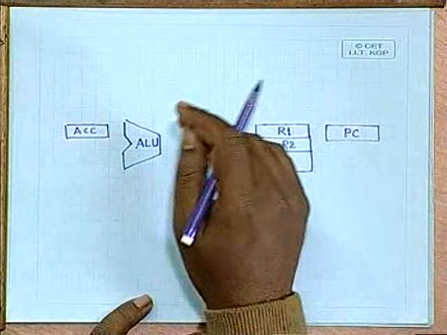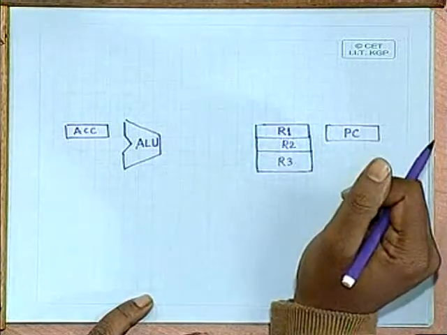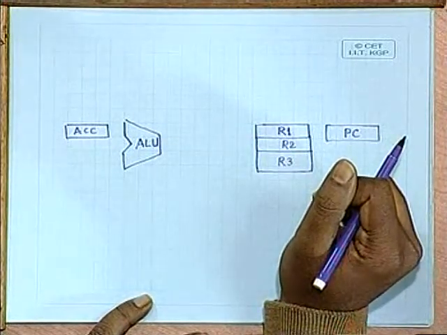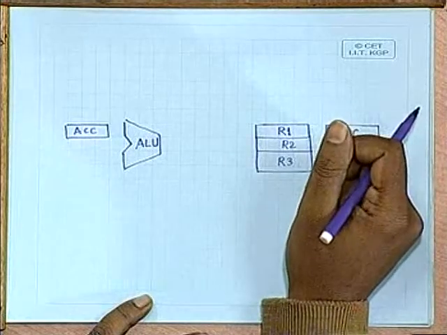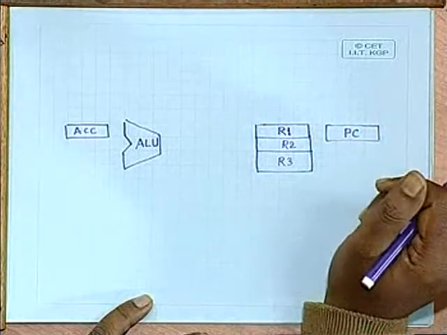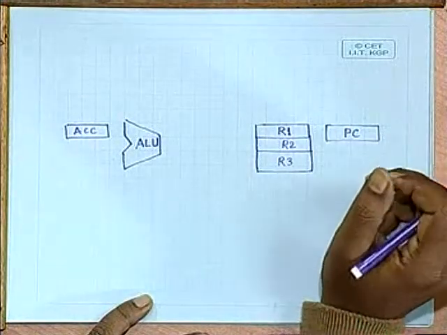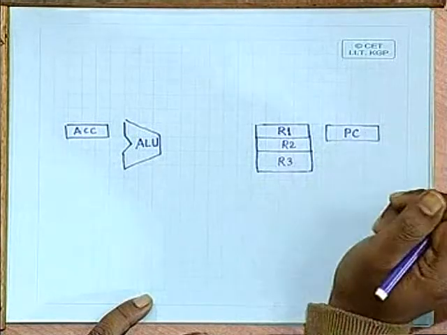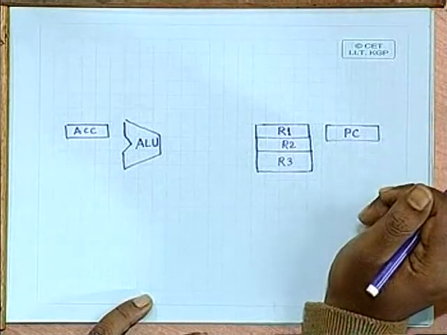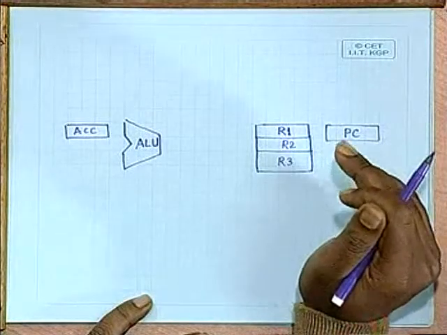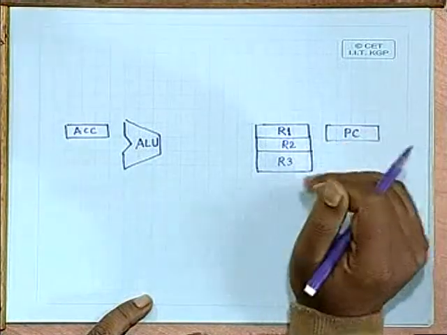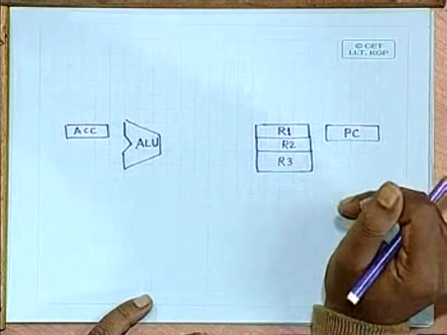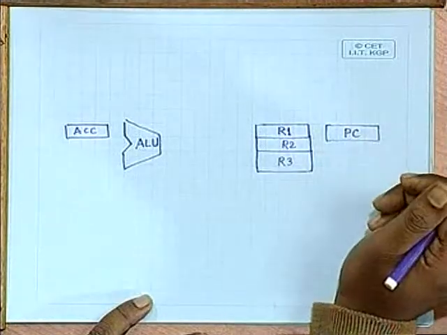Say, for example, when you execute a program and you write a structured program, for execution of a particular task you may have to call a function. That function can be written as a module of software, and when you call a function, all the previous intermediate results that were generated, you have to save somewhere.